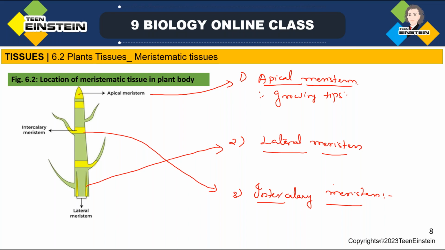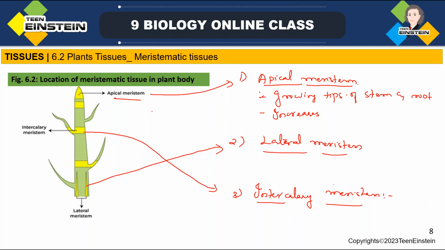So apical meristem is present at the growing tips of stem and root, and it increases the length of stem and root. When it is dividing in the root tip, the number of cells is increasing.